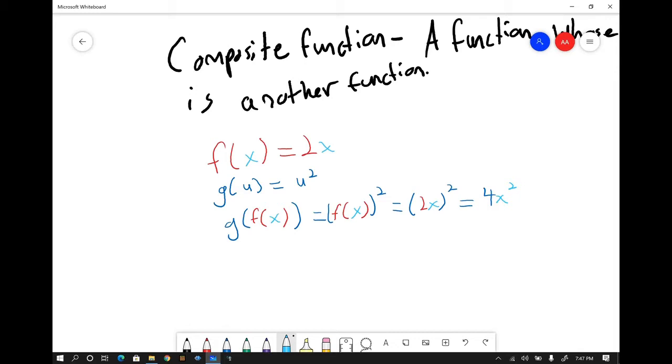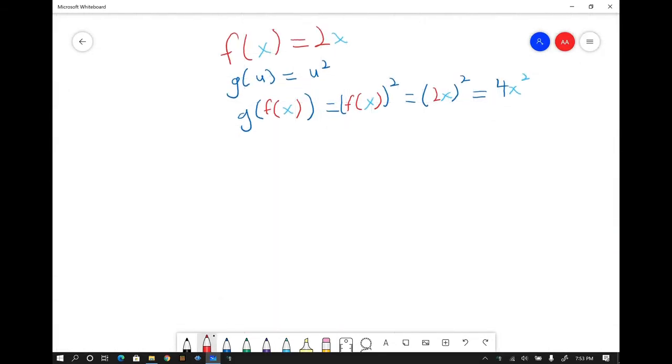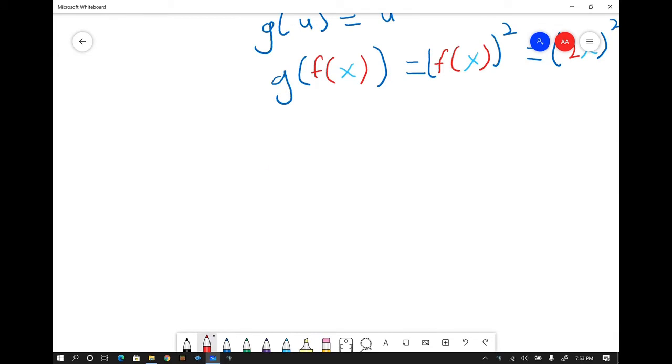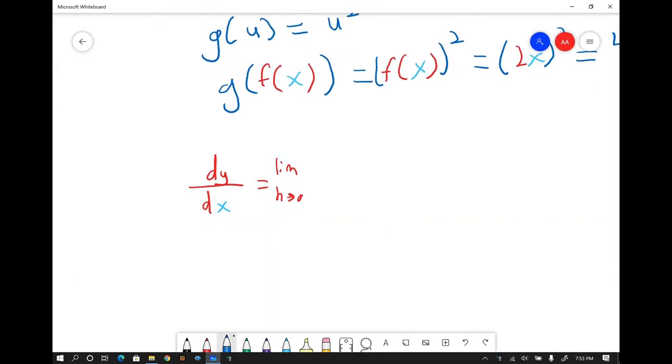Well, let's see what we can do by writing out our derivative equation. So, our derivative equation says that dy over dx is equal to the limit as h goes to 0 of f of x plus h minus f of x all divided by h.